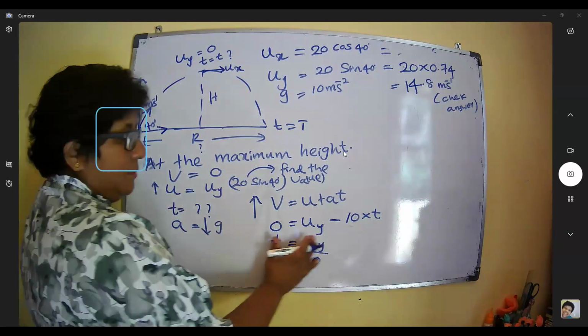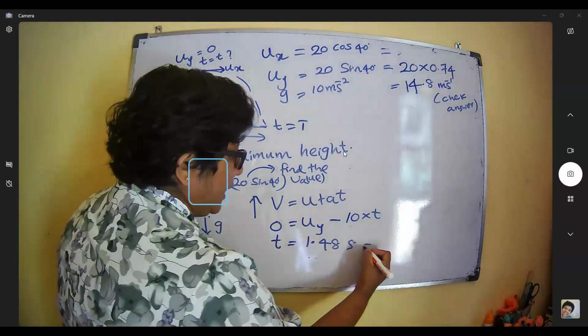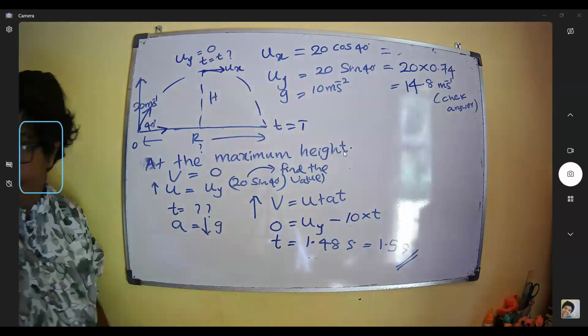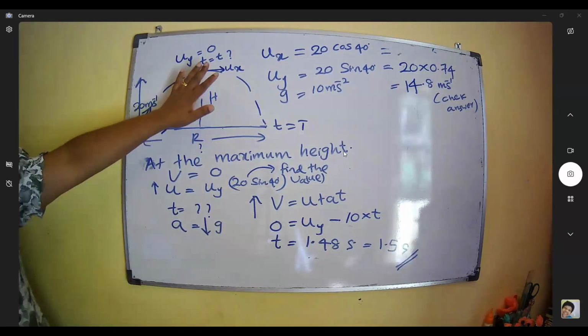Then divide by 10, which means 1.48 seconds. We can take this as 1.5 seconds, right? The time to the maximum point is 1.5 seconds.